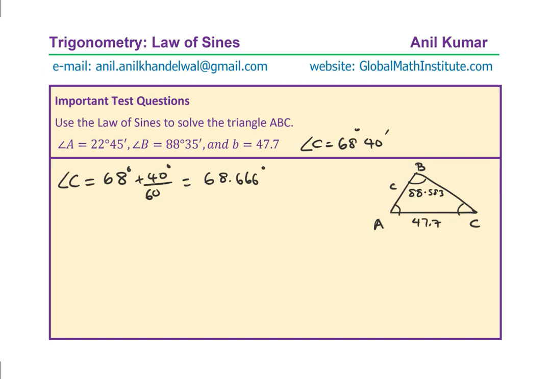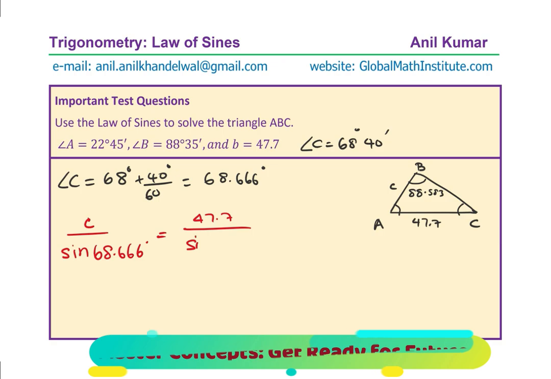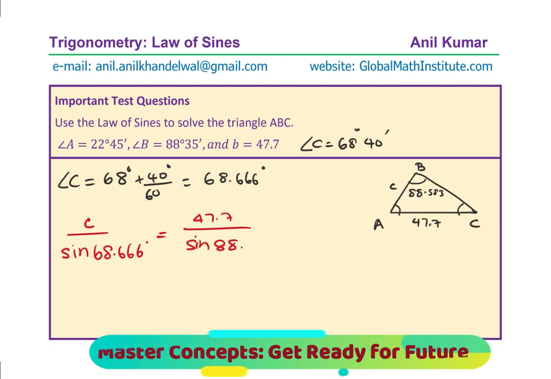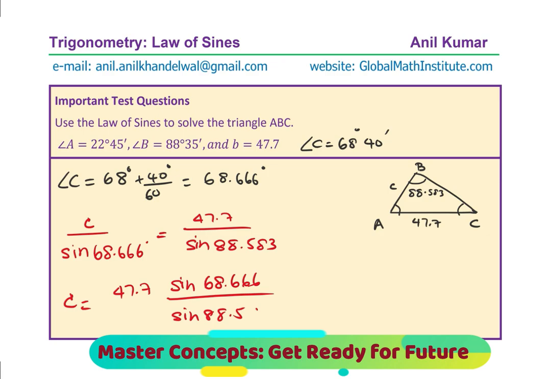So we can now write down that side c over sine of 68.666, you can write 3 decimal places, equals 47.7 over sine of 88.583. So c is equal to 47.7 times sine of 68.666 divided by sine of 88.583 degrees. So these are all degrees.